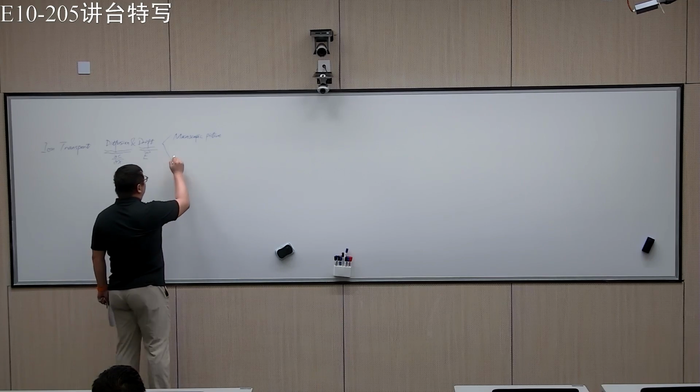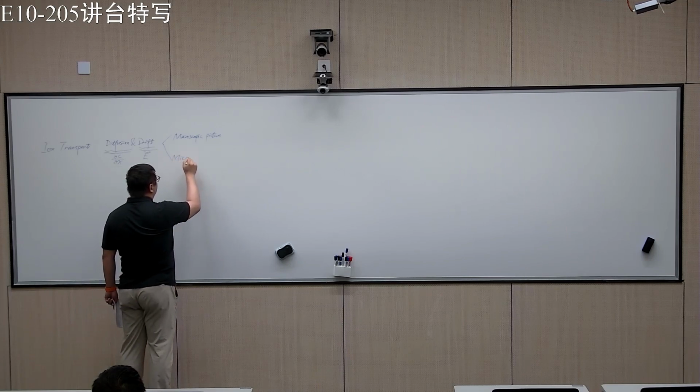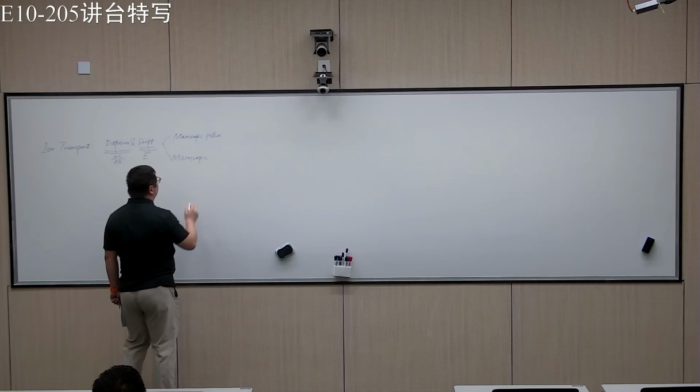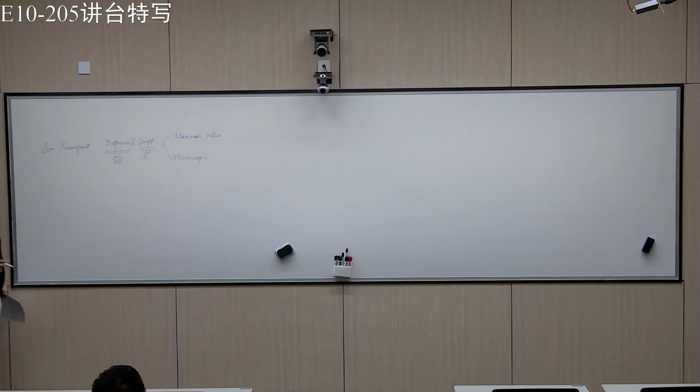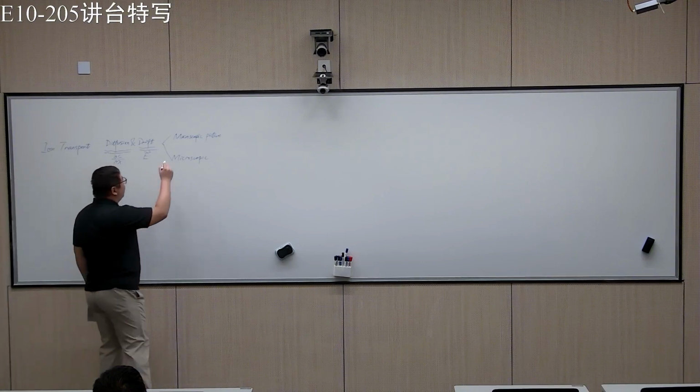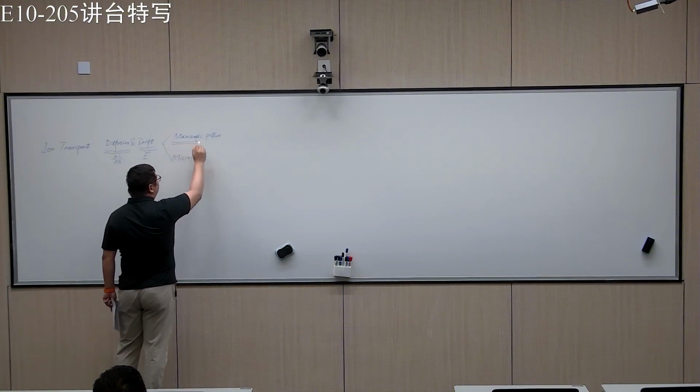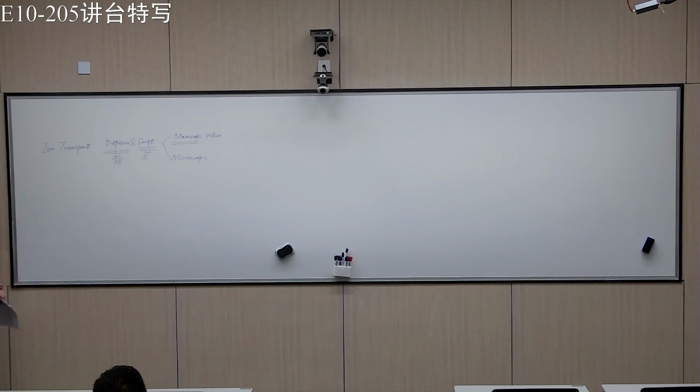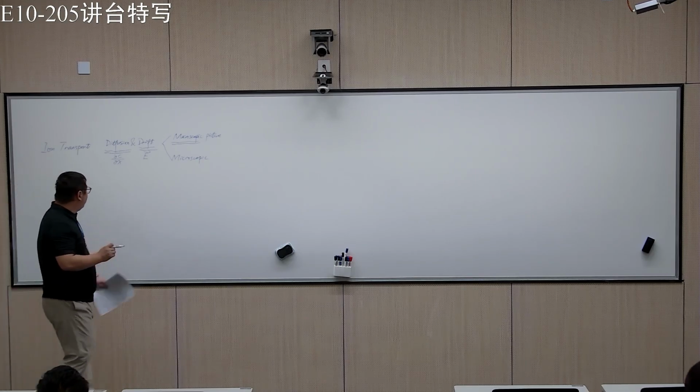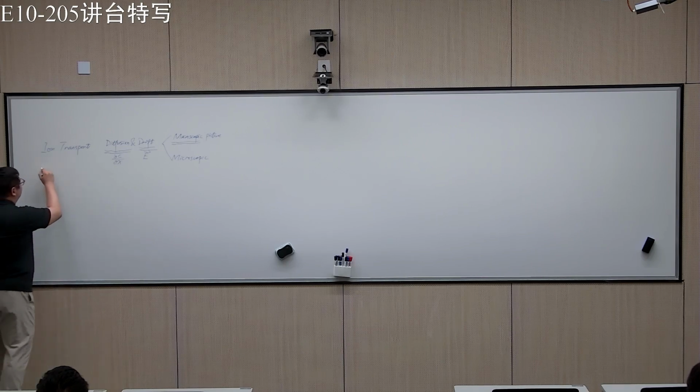Next lecture, we are going to talk about the microscopic: vacancies and interstitials, how the ions hop from one site to the other, and what kind of barrier. But in today's lecture, we neglect a lot of details on ion transport and study the collective motion of ions.